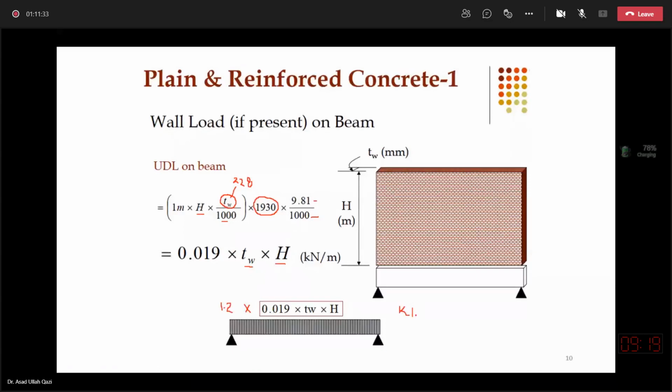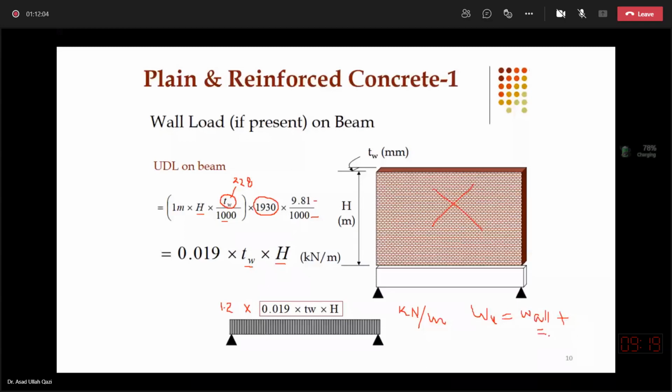So to the earlier calculated WU, which was also in kilonewton per meter, you will add this wall load if there is a wall present. If there is no wall present, then don't include it.